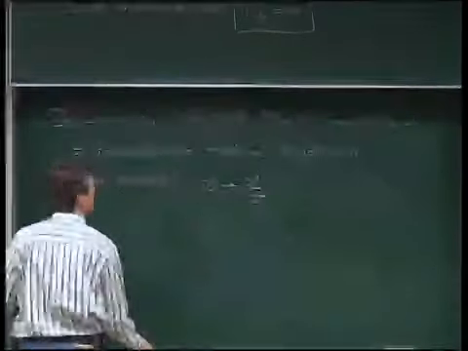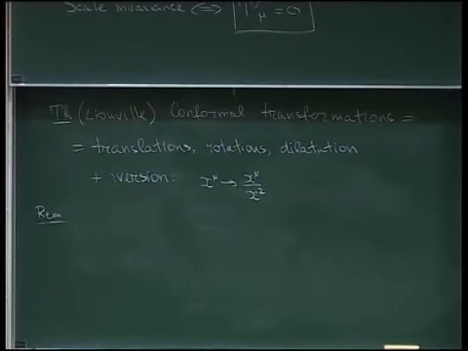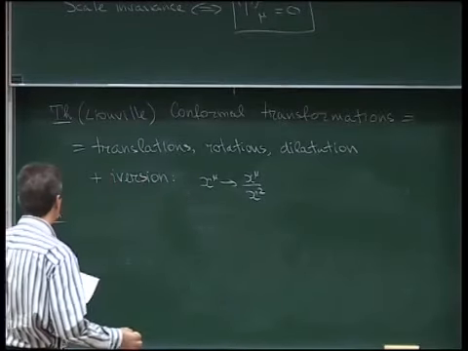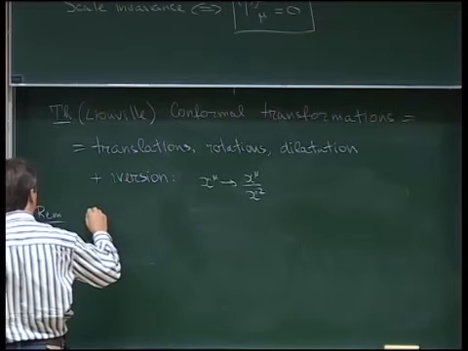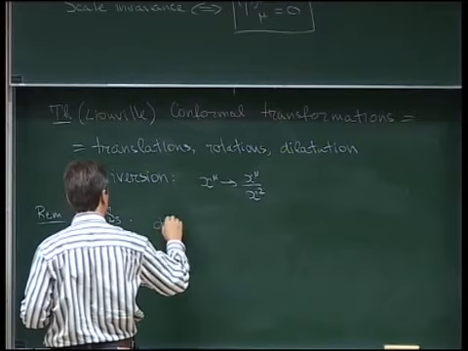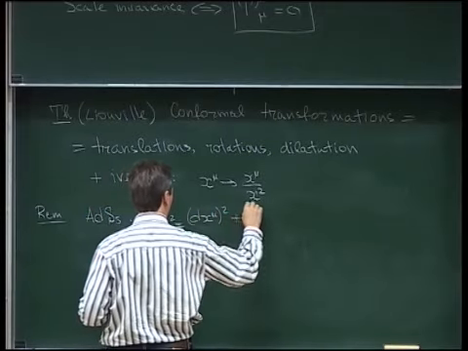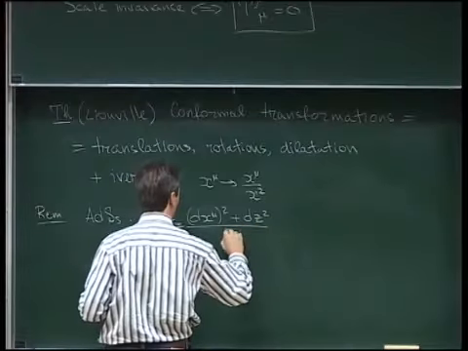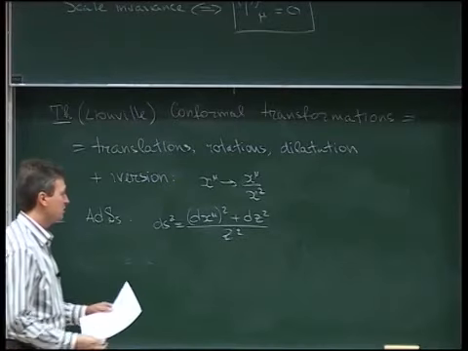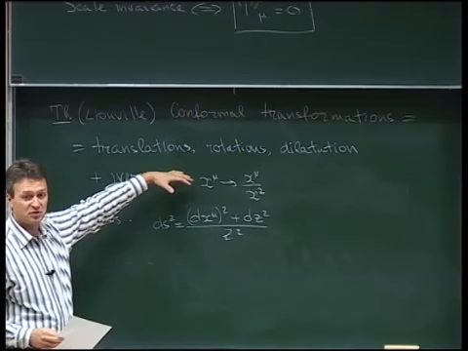So as a side remark, let us see how these transformations are realized in anti-de Sitter space. So if we look at the metric of anti-de Sitter space, then it's possible to see that its isometry group is generated by precisely the same transformations.